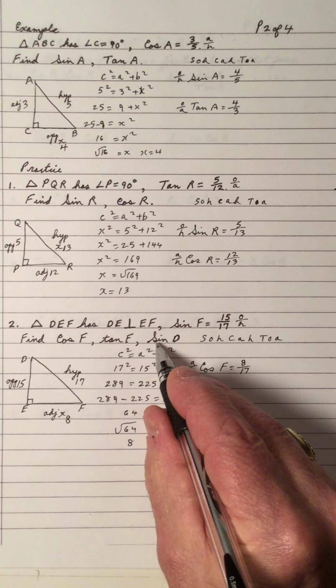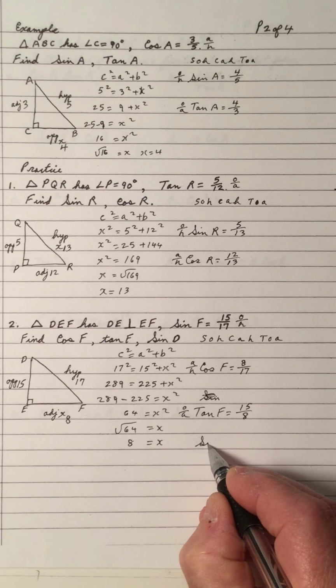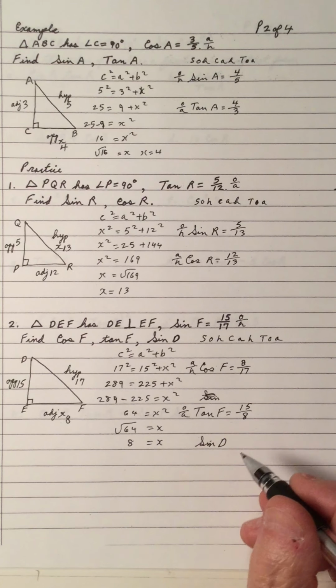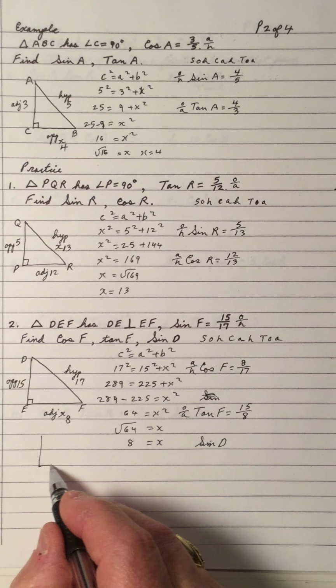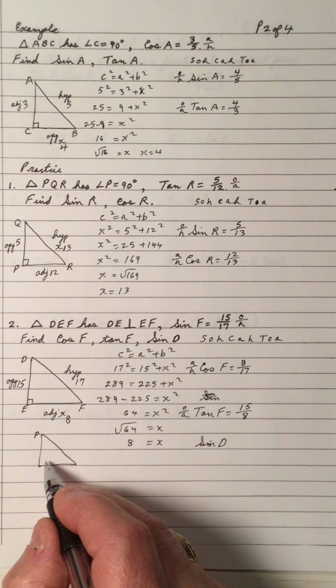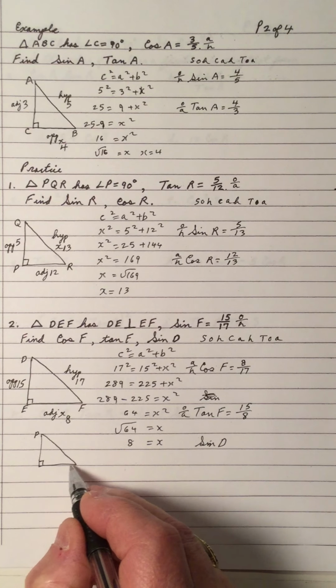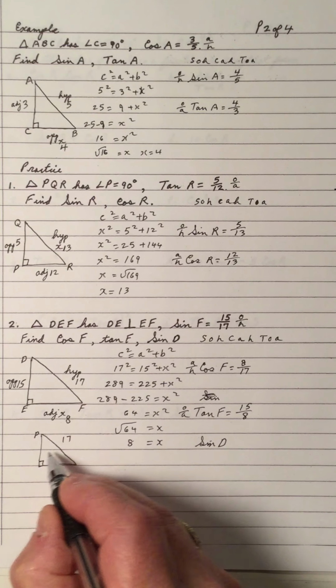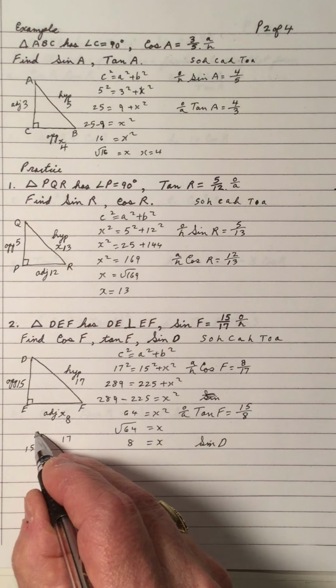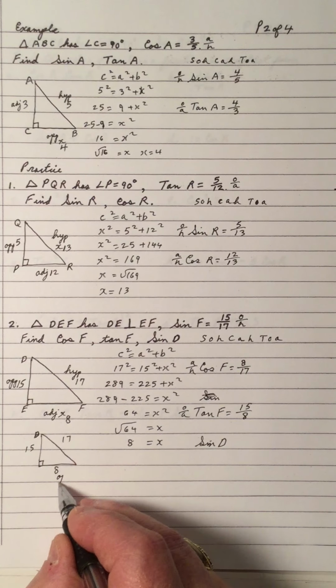And we have to work out also the sine of angle D. So I could draw a new triangle like this, and D is here. So if I have D there, that's a 17, that's a 15, and that's an 8. In terms of angle D, then this is opposite.